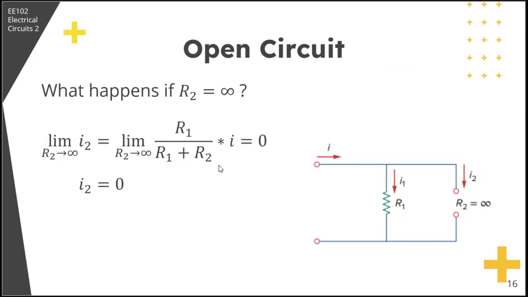If we take the limit, then I2 is equal to 0.